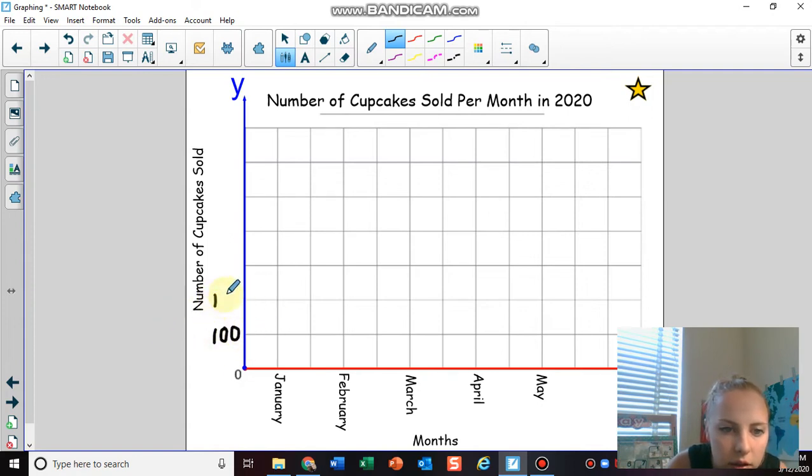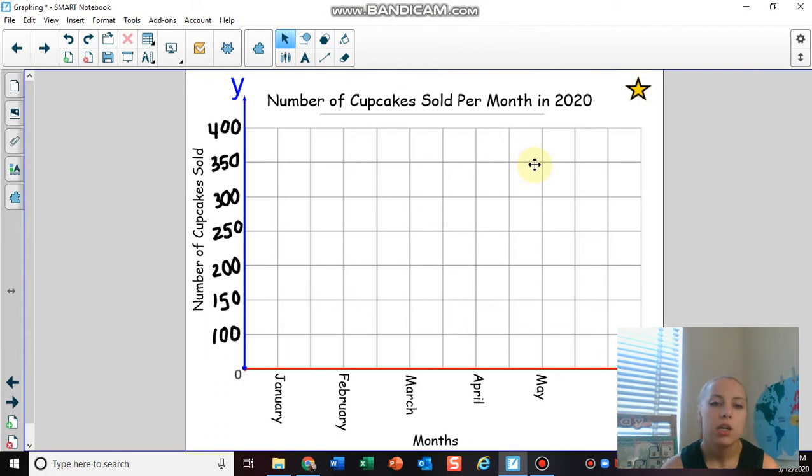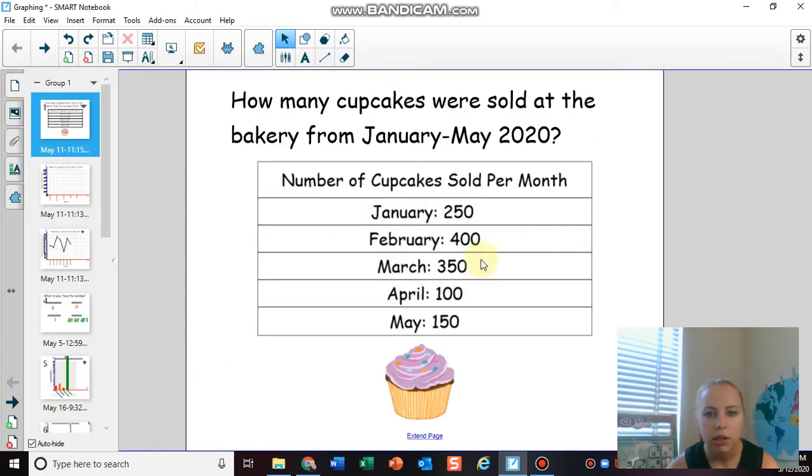So 100, 150, 200, 250, 300, 350, 400. Okay, so now that we have our numbers written along the y-axis, 100, 150, 200, 250, 300, 350, and 400, remember we have this weird jump because our data points do not go below 100.